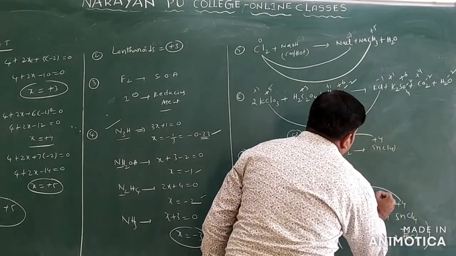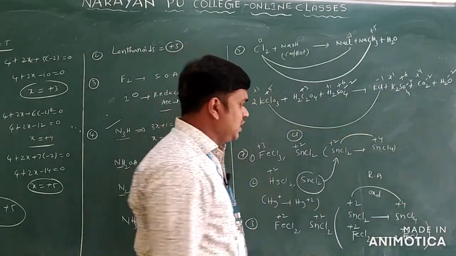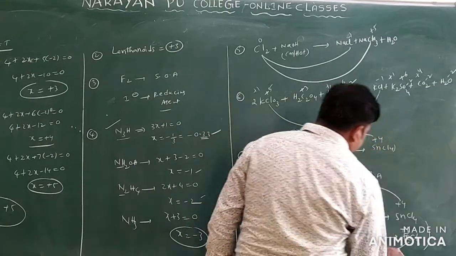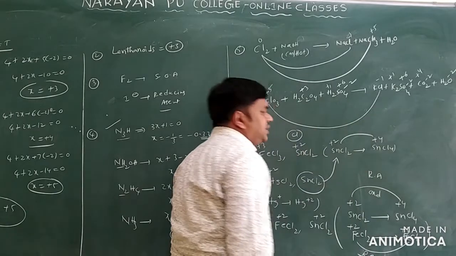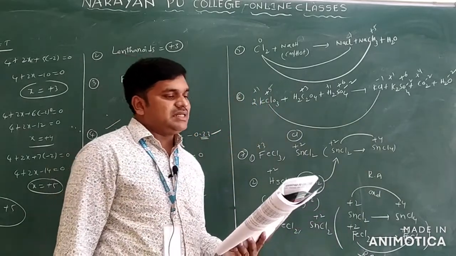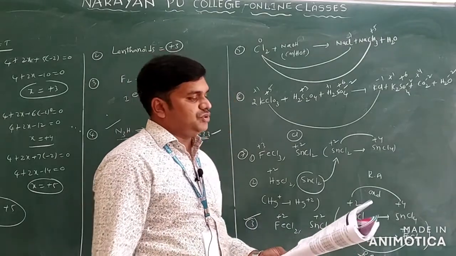The oxidation number increases, so it is oxidation, and each can act as a reducing agent. So the answer is SnCl2 and FeCl2. We take option 3 for this question.